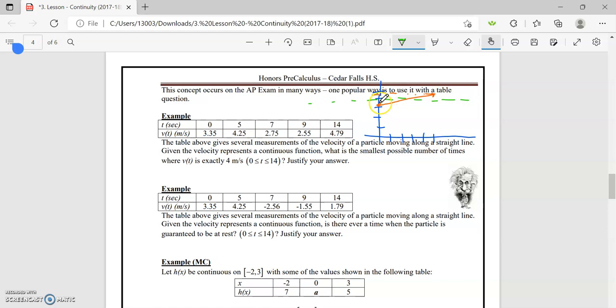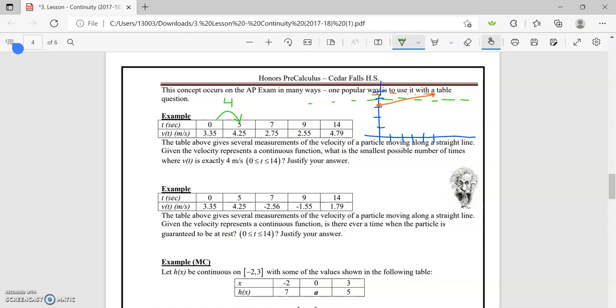That is probably the straightest line I have ever not drawn. Sorry about that. There you go. Again, this is one of the points that we are guaranteed. This is where V of t is exactly 4 meters per second. So for sure here, we crossed the 4 meter per second mark.